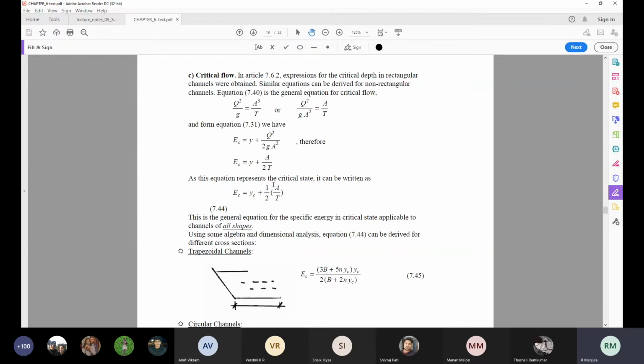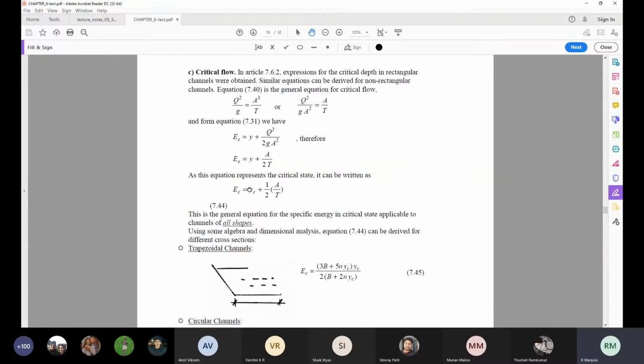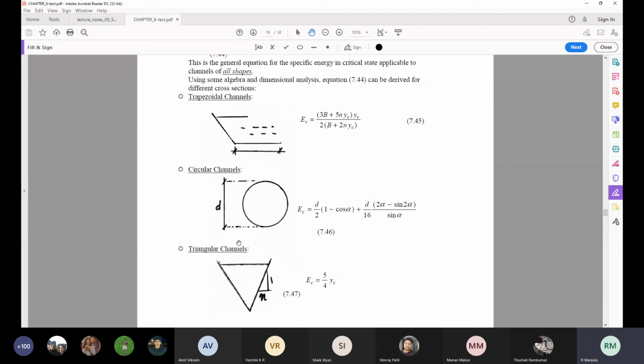For all shapes of channel, the specific energy at the critical depth is Ec equal to Yc plus 1 by 2 into A by T. This is the important equation for finding the specific energy for critical flow conditions for all shapes of channel. So we will see the different shapes.